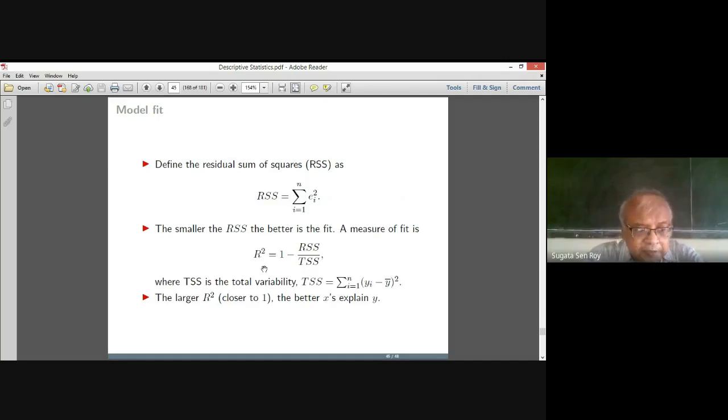It might be that some of the betas are positive and significant, in which case you say that these x's are good enough, but on the whole, you are missing out on some other variables which could have had an influence. So the higher the R square, the better is the model, or the better is the explanation from the set of x's that you have, the better explanation you can give for y.